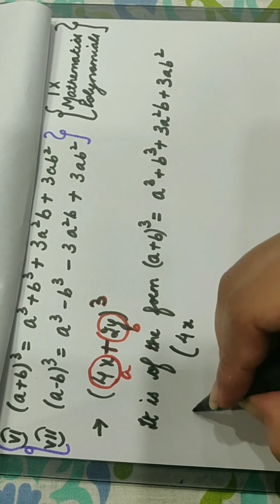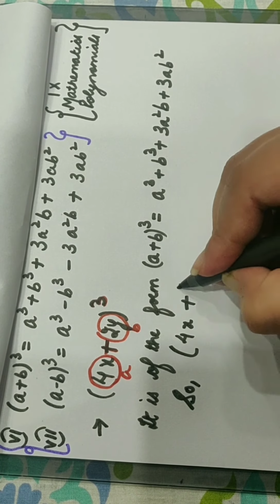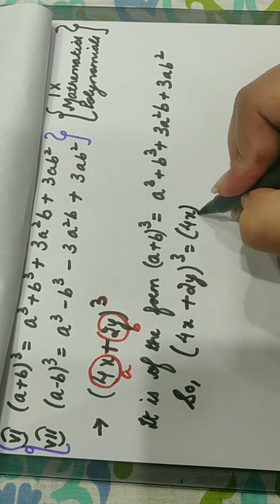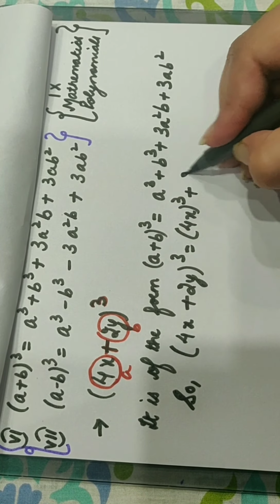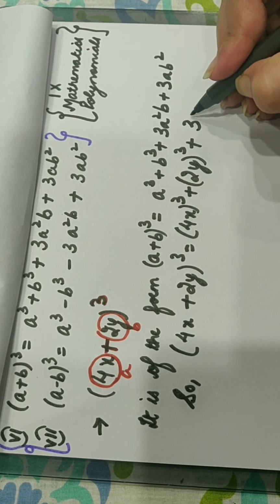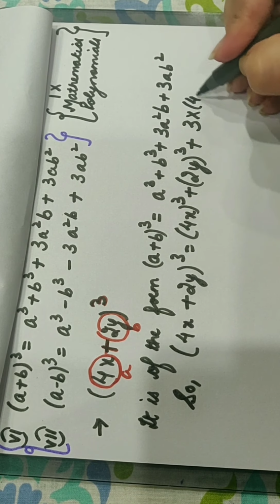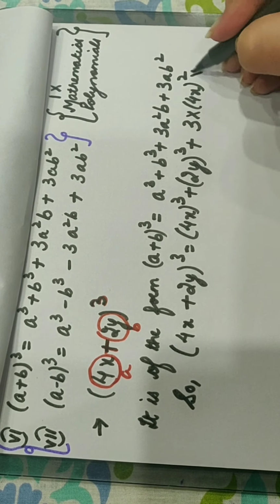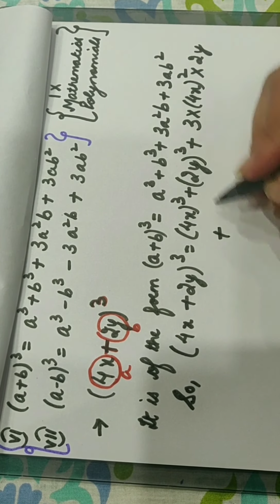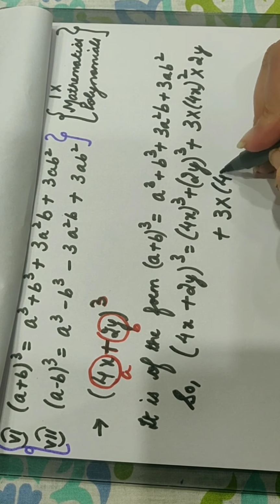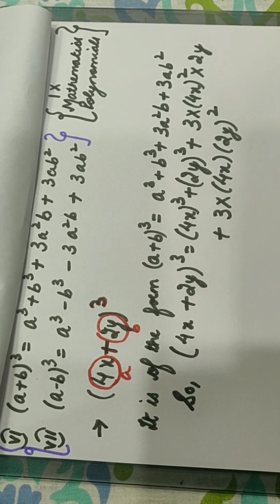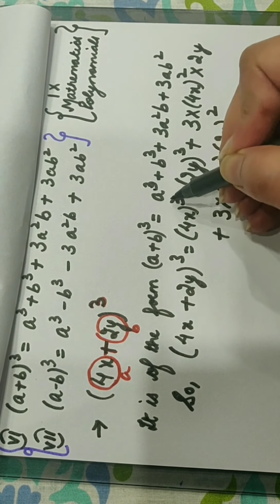So it becomes (4x + 2y) whole cube is equal to (4x) whole cube plus b cube means (2y) whole cube plus 3a square b, that means 3 into (4x) whole square into b means 2y plus 3ab square, that means 3 into a into b square, 4x into (2y) whole square.